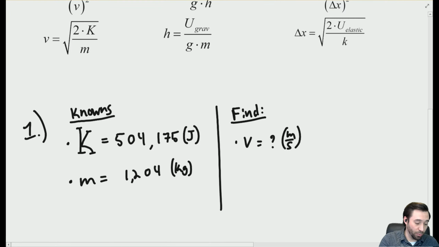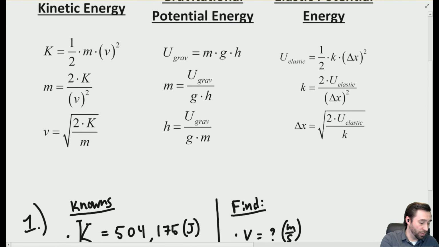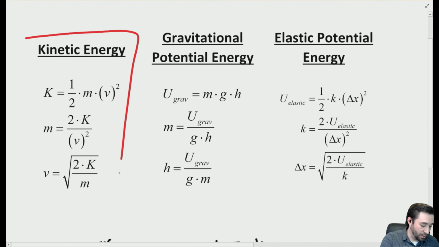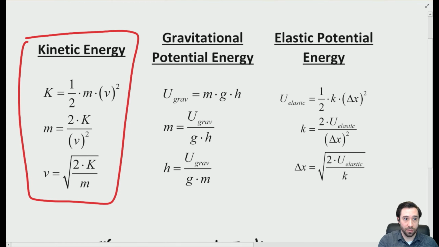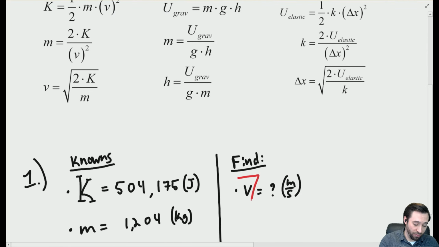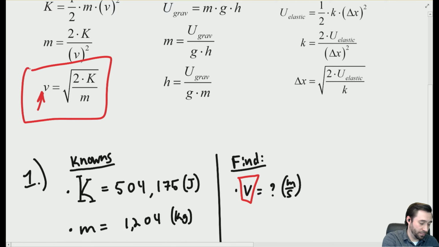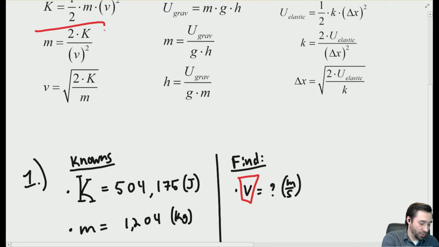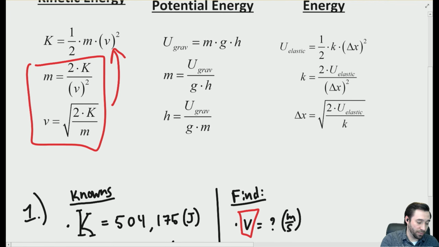And since I'm dealing with kinetic energy, I'm only going to be looking at this column here. These are all the equations for kinetic energy. And since I'm solving for V, I'll look for the one that's already solved for V. So that's that one. This guy here. Cool. So I just want to make a note that these two equations come from this equation.